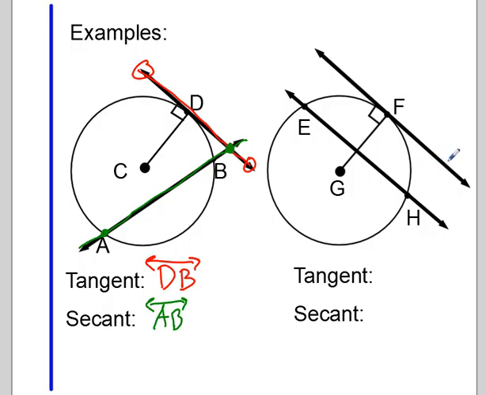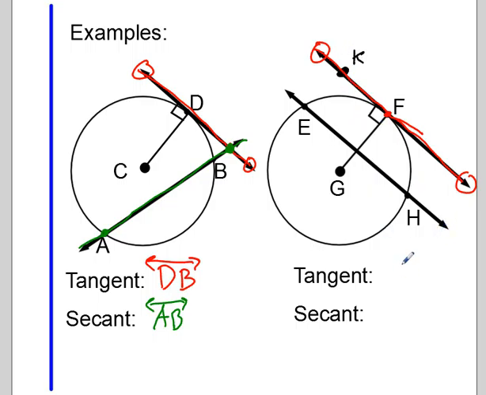In my next example, I see that there is a line here that touches the circle at F. We will need one more point to name this line. Let's call it K. So my tangent touches at F and travels through K. Again, I look to see what kind of picture it is.